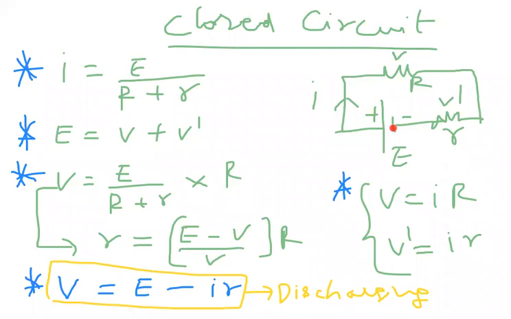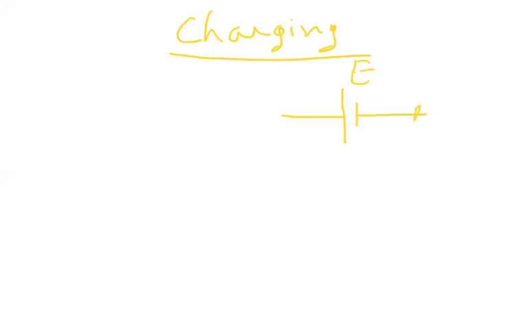Now, what is happening? I have taken the direction of current inside the cell as negative to positive. Now we are going to discuss the charging situation. What does charging condition mean? This is our cell of EMF E and internal resistance small r. Now I am connecting this cell to an external source. In your house, you will find an inverter. What will the inverter do, beta?